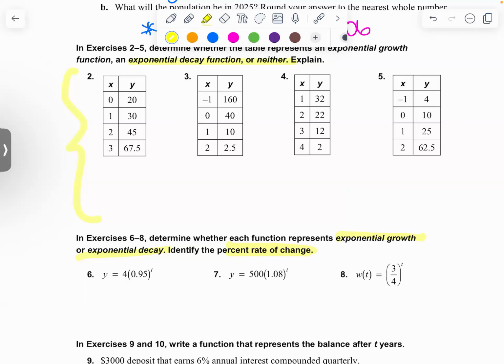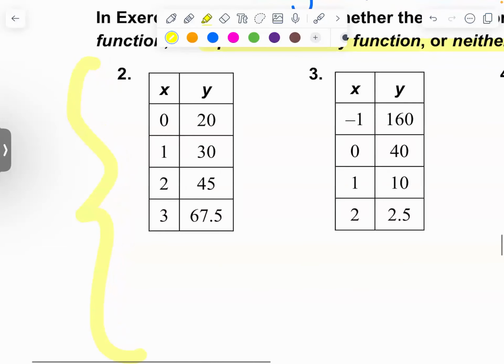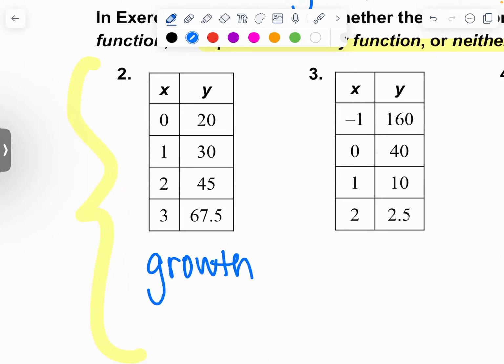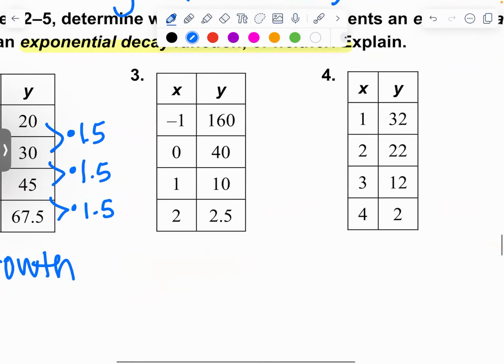All right. Kyron, is number 2 exponential growth or decay? What are we multiplying by every time? 1.5. We're multiplying by 1.5 to get from one to the next. Okay, Brooks, what do you think about number 3? What are we multiplying by every time?